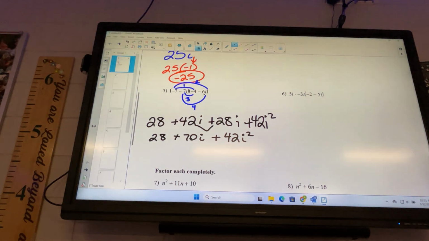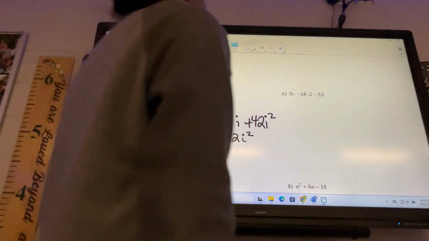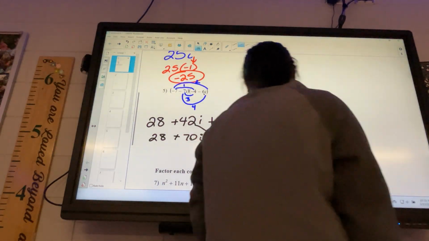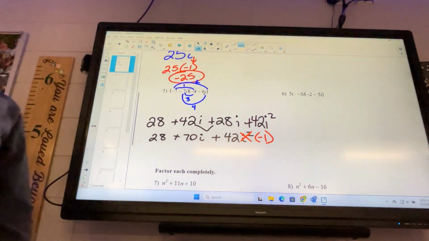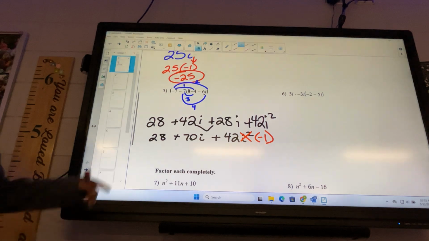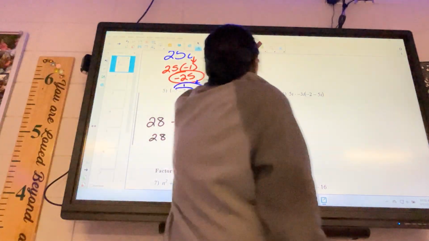What is i squared though, remember? -1. I squared is -1. So right here, this really gets crossed out and we say -1. What do we do with that? We multiply it. So 42 times -1 is -42.